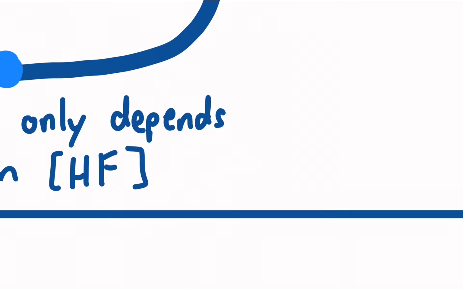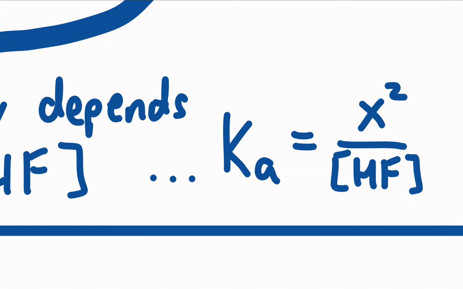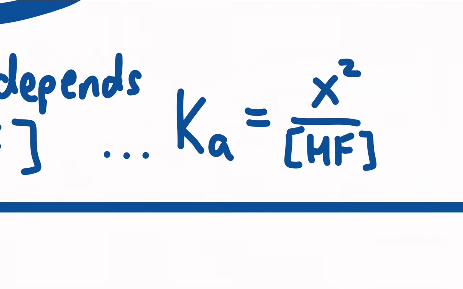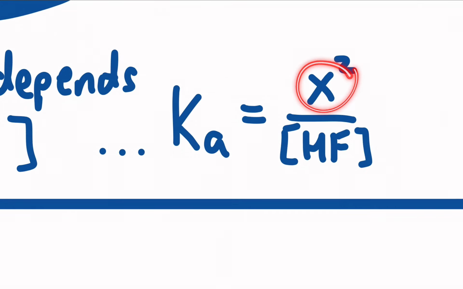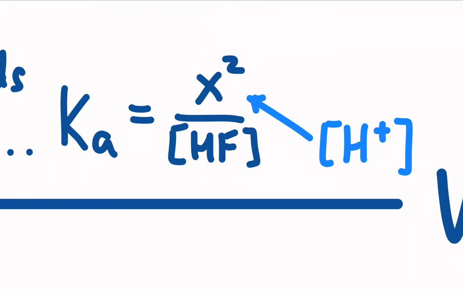How you get that is you need to know the Ka of HF, and you can set it equal to an expression, x squared, divided by the molarity of that acid. This comes from abbreviating the RICE chart that you would set up with the acid-base equilibrium, and then you solve for x, and x is actually equal to your molarity of H+.